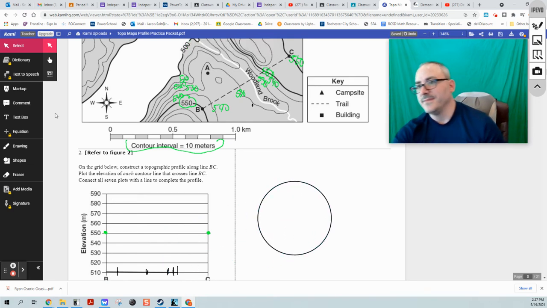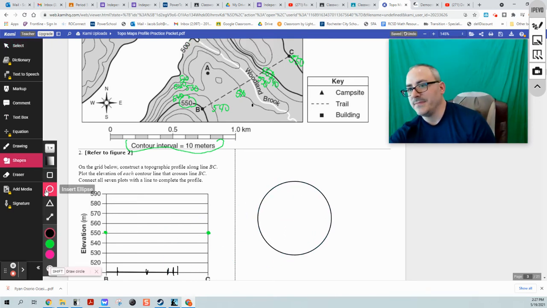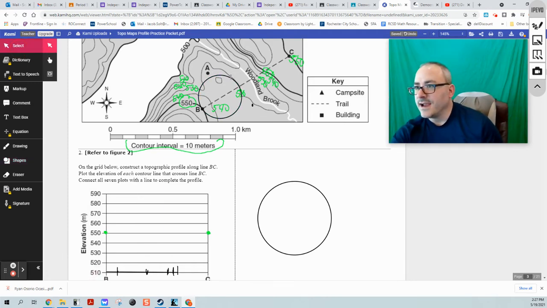So anyway, just to show it to you one more time, I'm going to take a distance between B and then this little intersection of the line right there, that contour line. Holding down the shift key, showing you how to do this. Do the circle. I'm going to stop it right there. And then I can choose select, and I can pull this. Oh, gosh, I didn't want that.